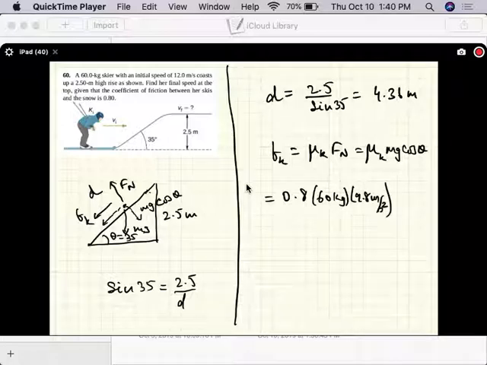Notice I will write units when I have space, and if I don't have space, I won't. In general, it's a good habit to write all your units down. So the friction force on the skier is 385.3 newtons.